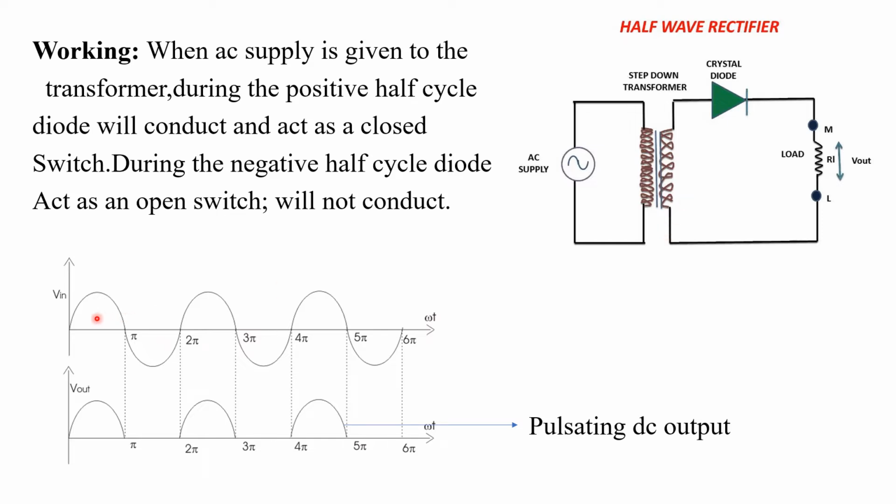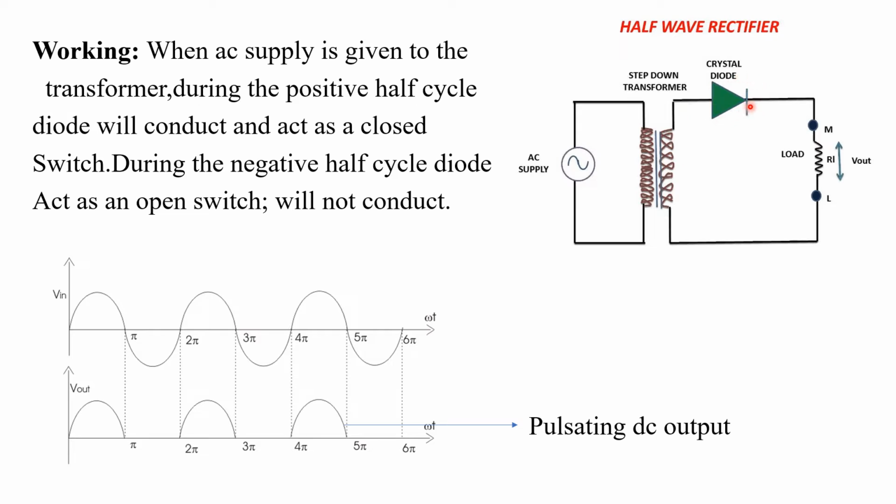During the positive half cycle, this diode will act in the forward biased region. That means during the positive half cycle, the diode will act as a closed switch so that current conduction is possible. And what will happen in the next negative half cycle? During the negative half cycle, this diode will act as an open switch.